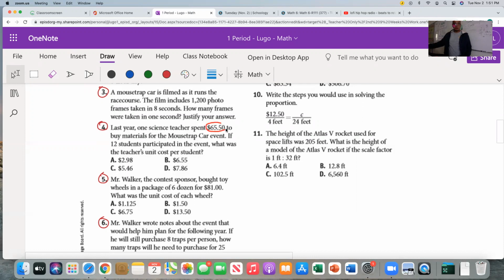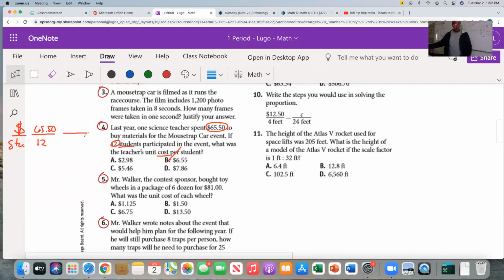Notice that we're given money, $65.50 for 12 students. Not only that, but the question is asking cost per student. So just that alone, I know that it's going to be some cost, money per student. And I'm given $65.50 for 12 students.